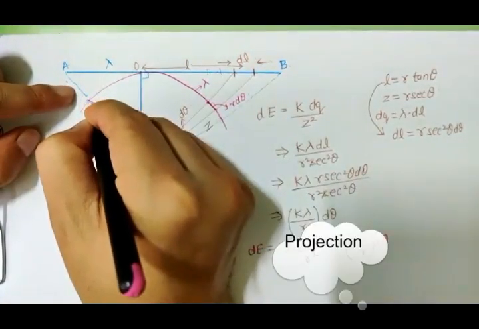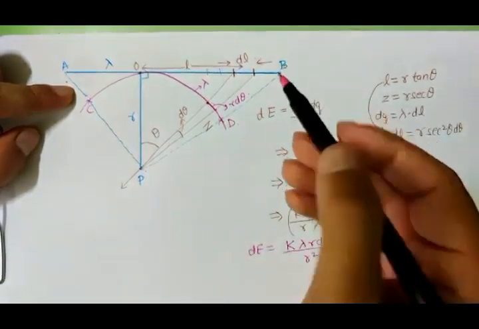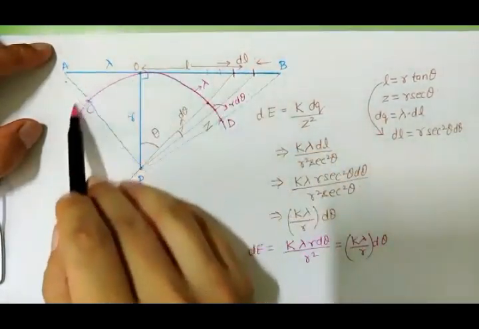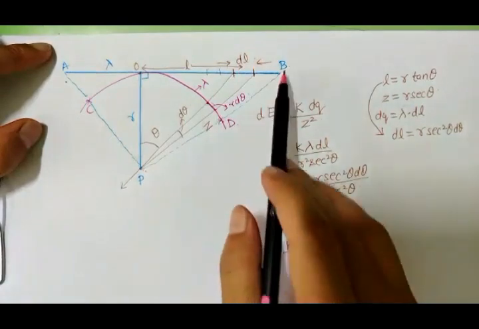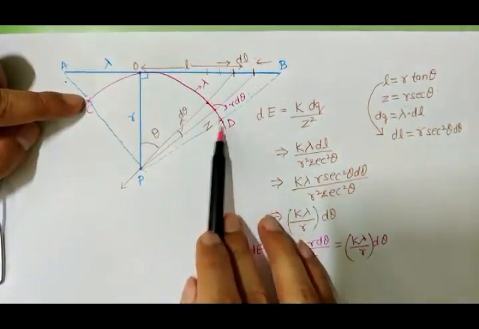Let's call this point C and this point D. Since all of them will be making equal amount of electric fields, the total electric field due to wire AB will be equal to total electric field due to wire CD.